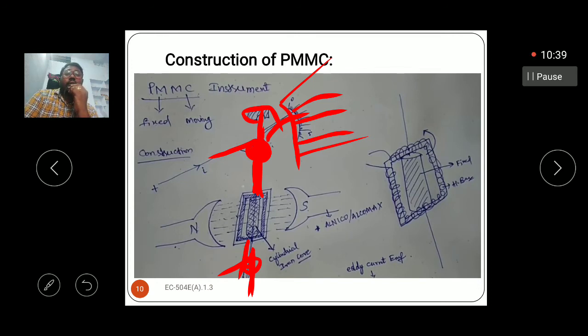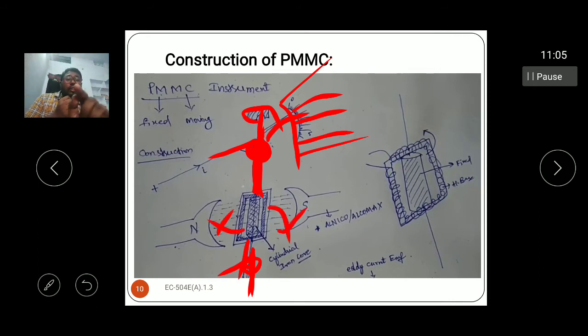Inside the aluminum base we are having a cylindrical shape structure, that is a fixed one, and on the base we are having the coil. This aluminum base is moving in a clockwise direction.